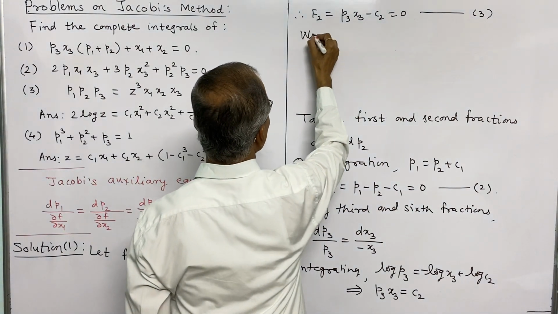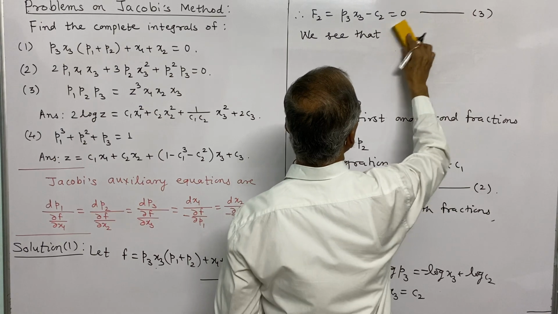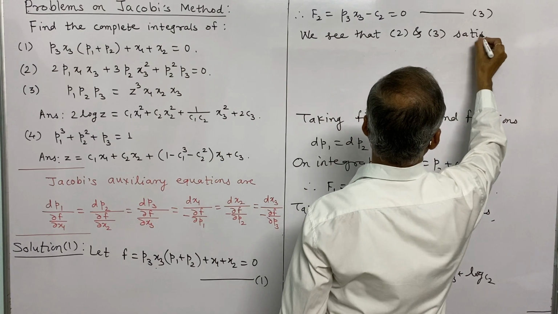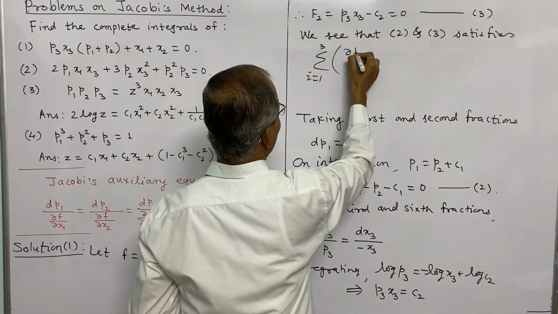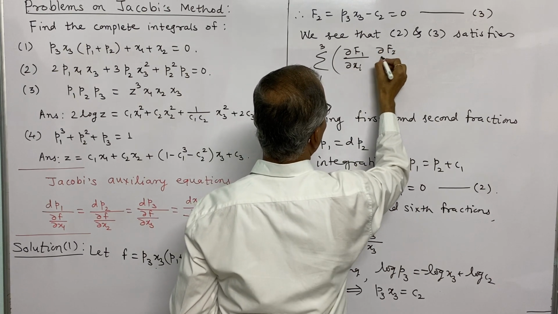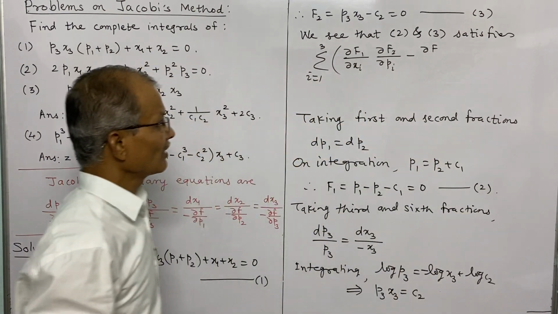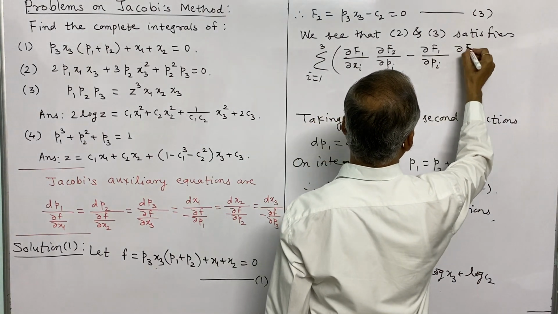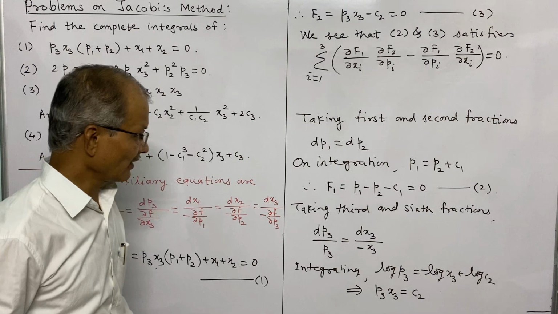So this is to be verified, that F1 and F2 satisfy this summation, I taking values 1 to 3, of dou F1 by dou xi into dou F2 by dou pi minus dou F1 by dou pi into dou F2 by dou xi is equal to 0. So that can be verified easily.